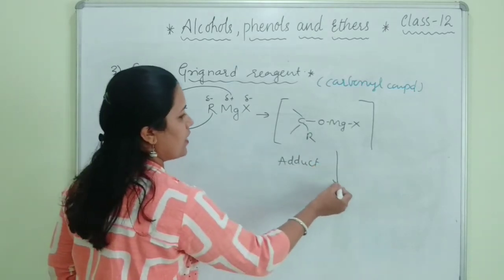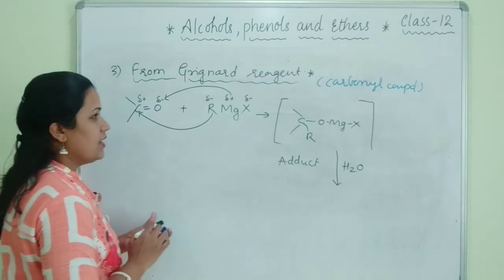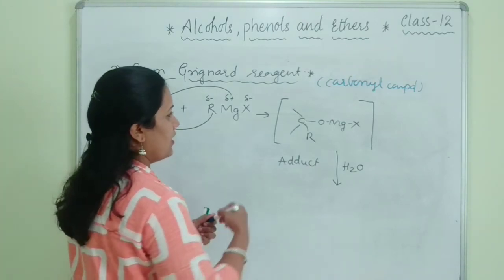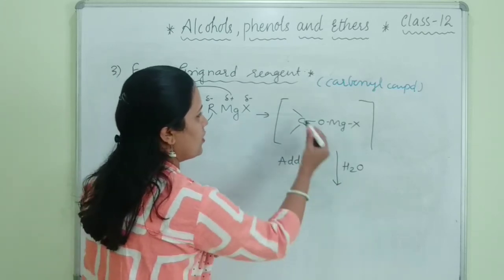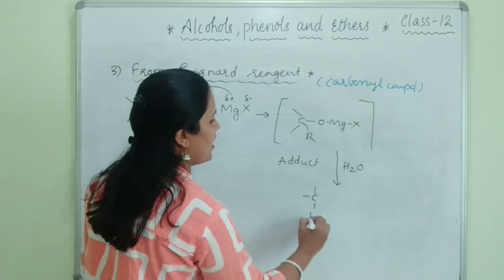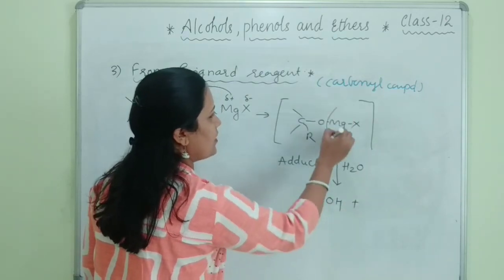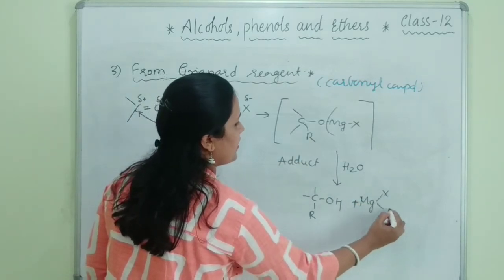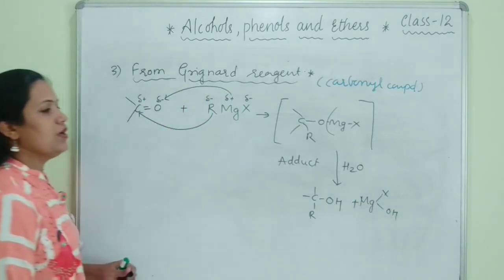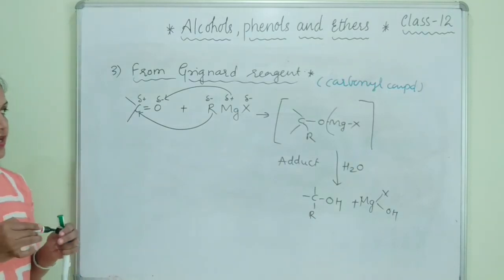And when we do hydrolysis of it, we get the product. So here it is R, then it becomes OH, plus from here it will break down and we will be getting MgX, and here it becomes OH. So this is actually the mechanism of Grignard reagent.